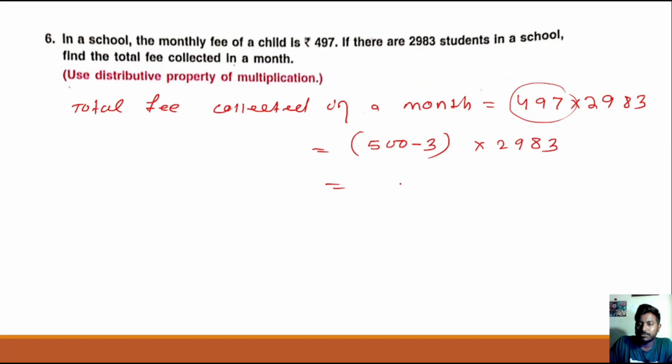Now use the distributive property, that is 2983 into 500 minus 2983 into 3.